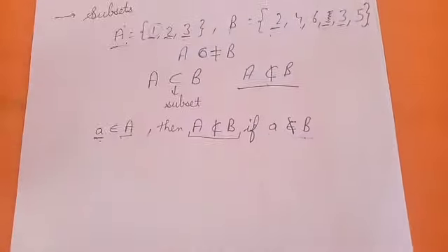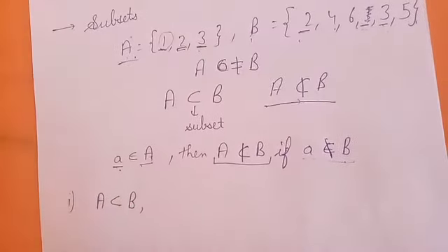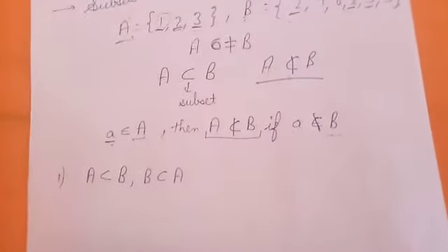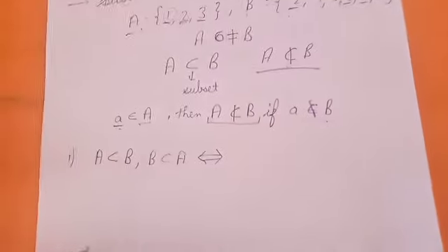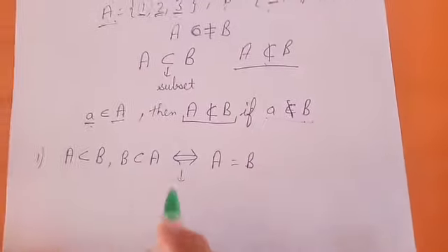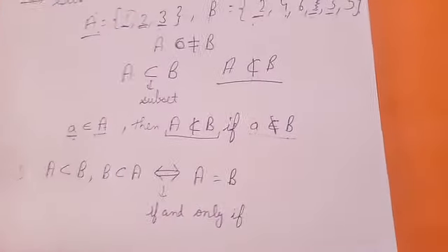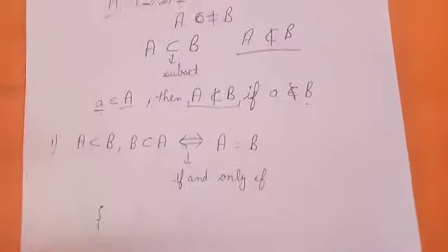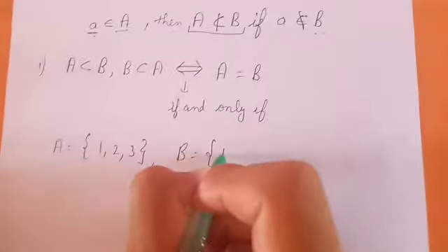Okay, first thing, if A is a subset of B and B is a subset of A, if and only if A is equal to B. Now what they have said, A is a subset of B, and B is also a subset of A, that means say A is {1, 2, 3} and B is also {1, 2, 3}.